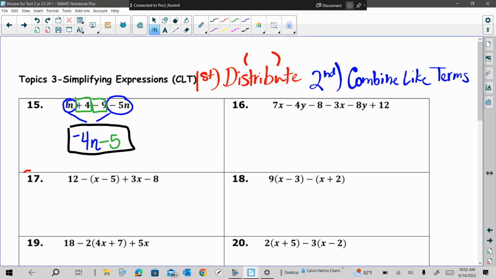Number 17, I need you to star this one because we do have parentheses, but what are we distributing? Yeah, remember, there's an invisible one in front. So I'm just going to write to first distribute, and I'm going to abbreviate that.